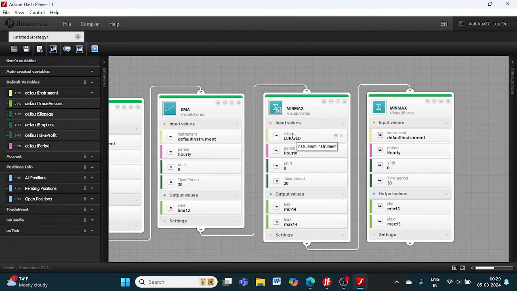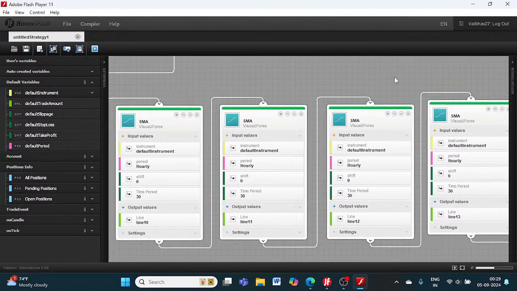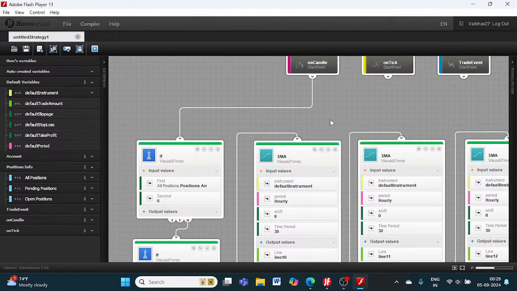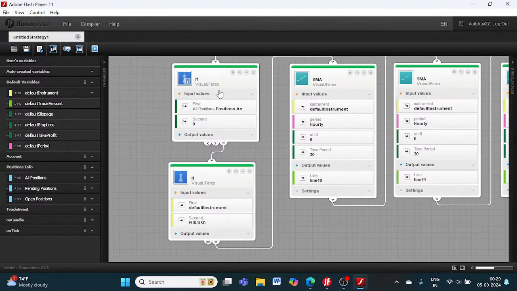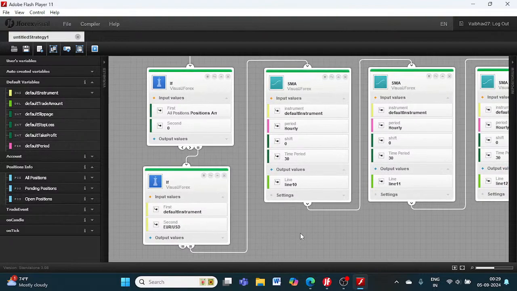Our default instrument is Euro USD, our candle period is hourly. So far so good, and we have these two logical blocks, if-else statements, to ensure that we go for a single trade opening whenever the situation turns favorable, and the underlying instrument for which the trade is going to be taken is Euro USD.